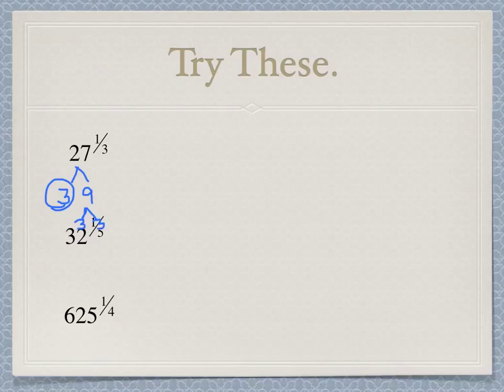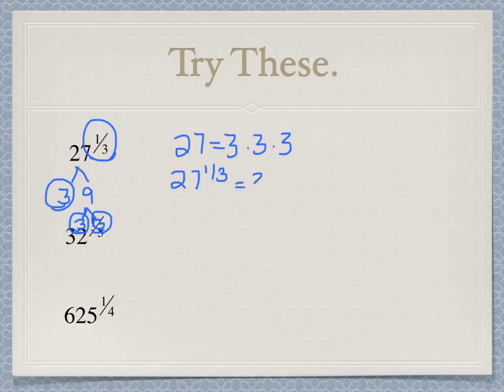I guess I should have done that off to the side. 3's are both prime. So 27 is equal to 3 times 3 times 3. So I've split into 3 different factors, which means 27 to the power of 1/3 is just equal to 3.